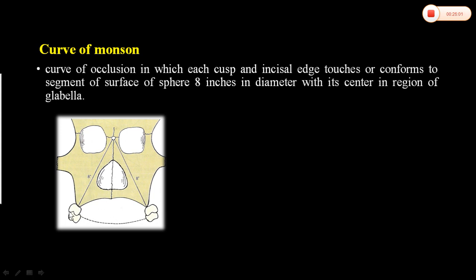It runs from the posterior cusp tips of the right side and touches the cusp tips of the left side posterior cusps. So the curve of occlusion in which cusps and incisal edges conform to a sphere of 8-inch diameter with center in the glabella.